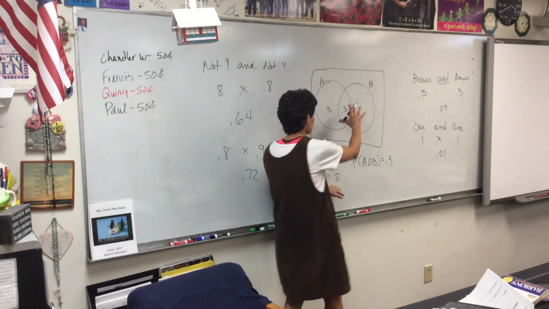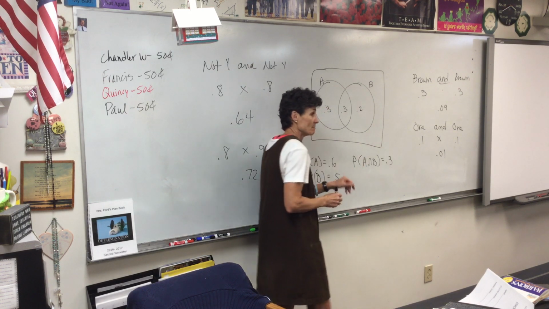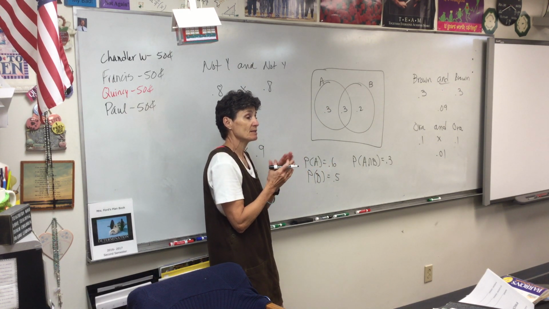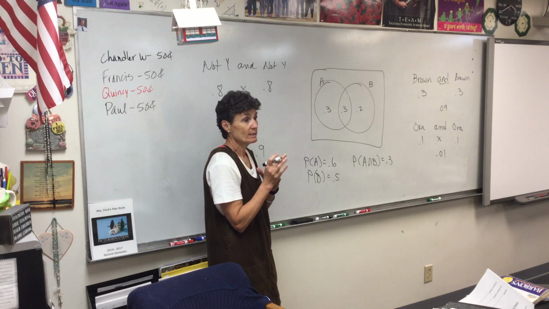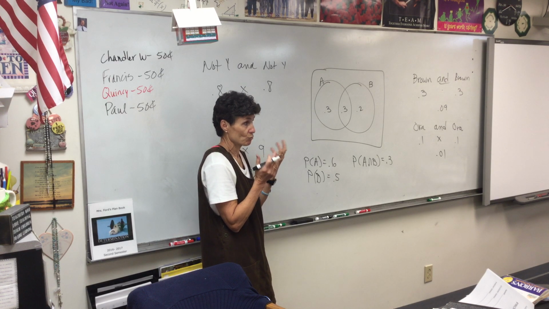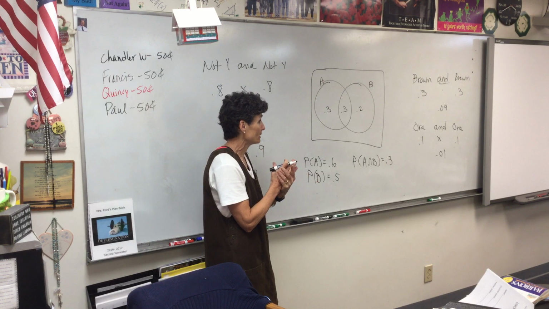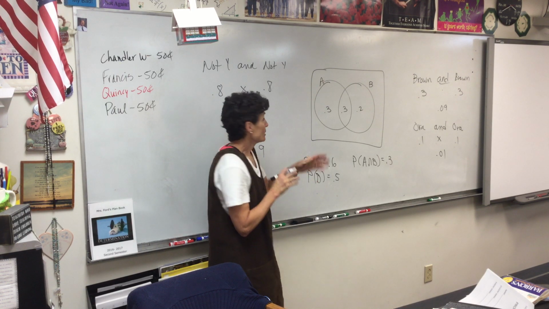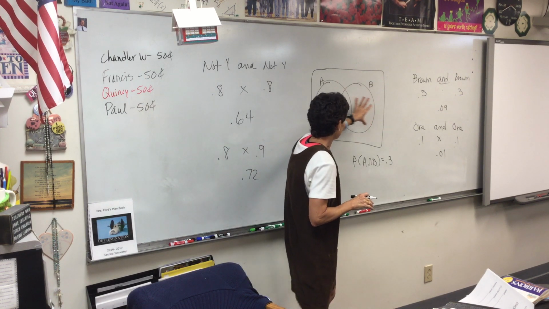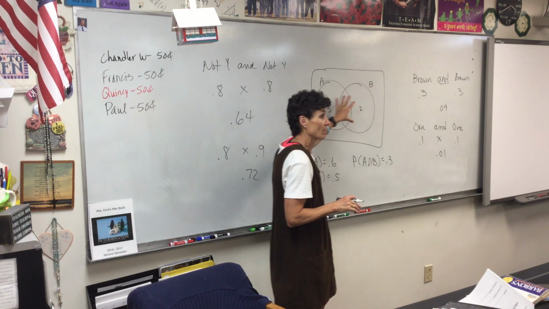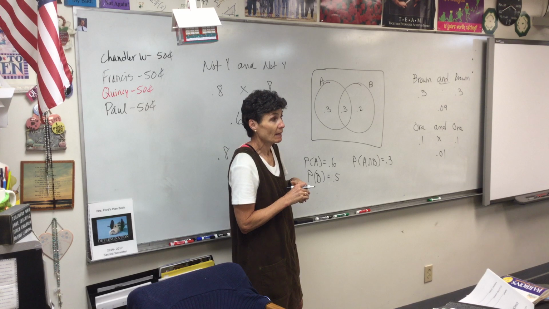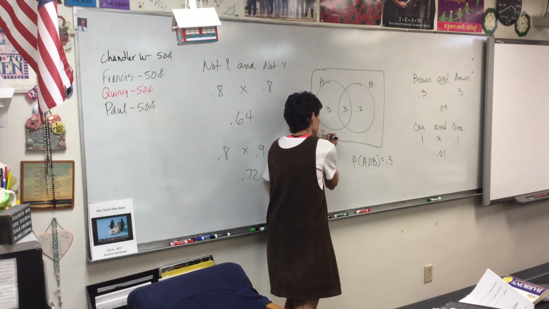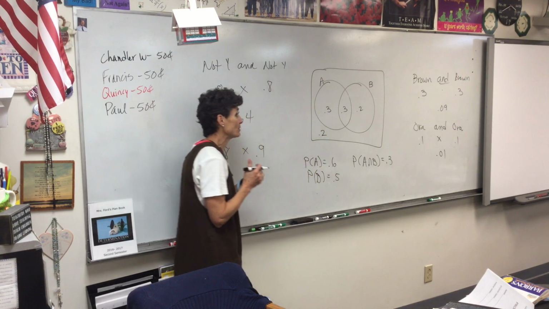And if the whole B circle is 0.5, that has to be a 0.2. Now, wait a minute. This is a probability problem. What did DeAndre tell us a minute ago that was so fundamental? Probabilities have to add up to 1. So what do I have represented so far? There's only 0.8 up there, right? What does that mean? 0.2 is neither A nor B.